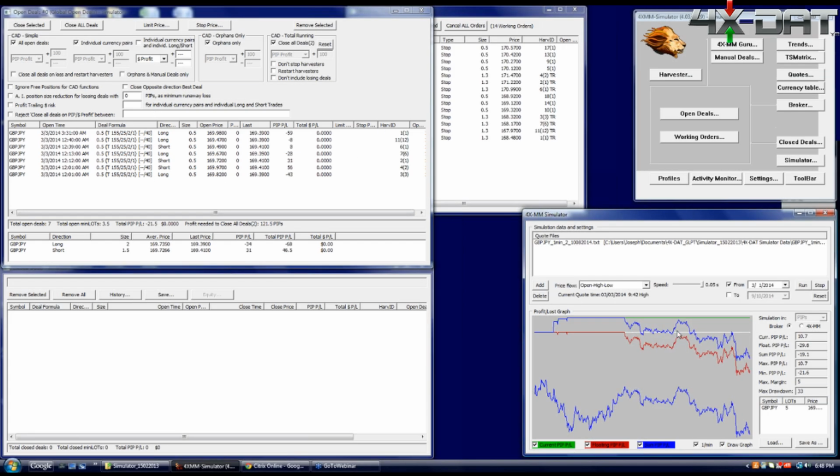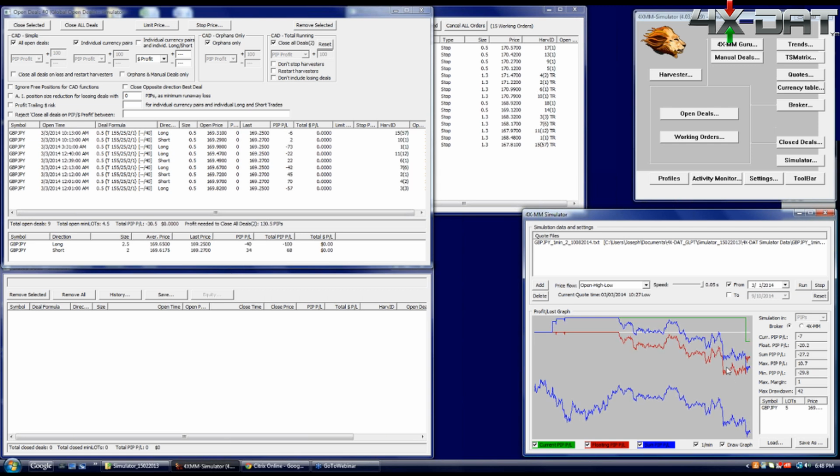And the blue line obviously is the difference between the two, a summary of the two. The blue line gives you the true, real-time value of your account at any given moment. So we'll switch to the ForexMM mode, because this is the mode that we actually use to trade.